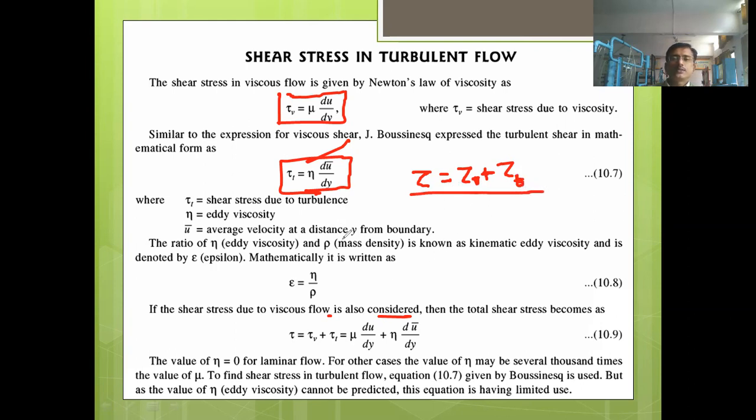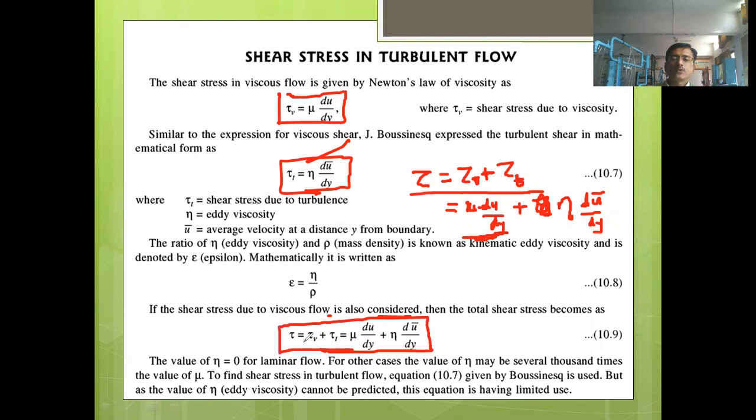Then we can write this equation as mu into du by dy, where this is the viscous shear stress due to the viscous flow, and instead of this tau t we can write here eta into du bar upon dy. Okay, so this expression can be written like this.